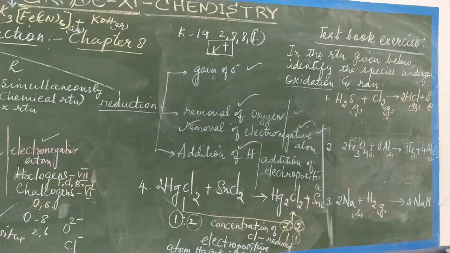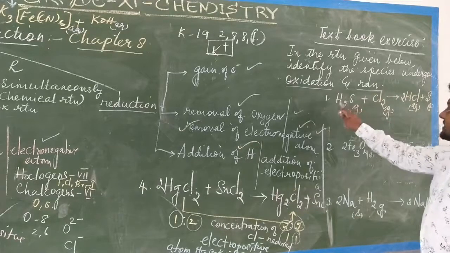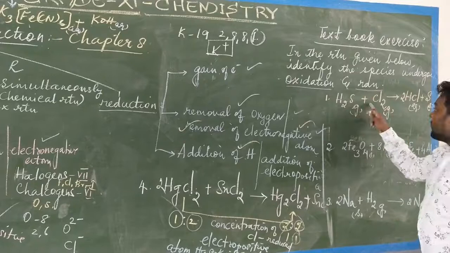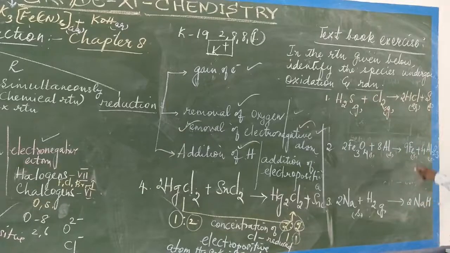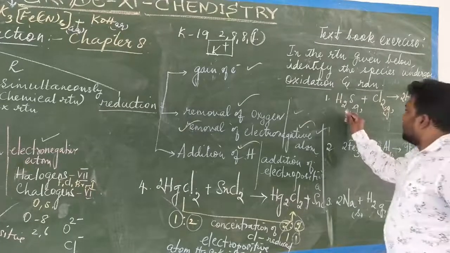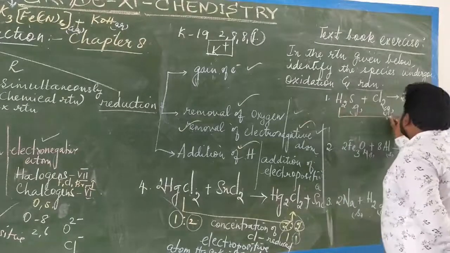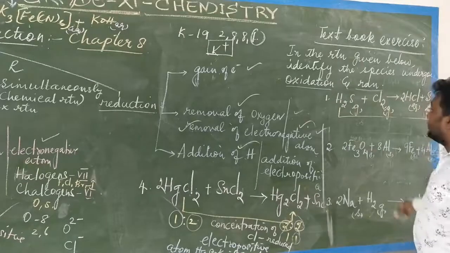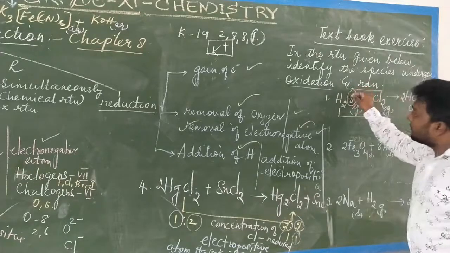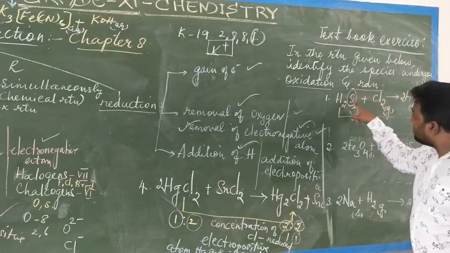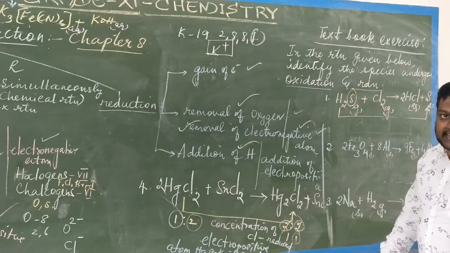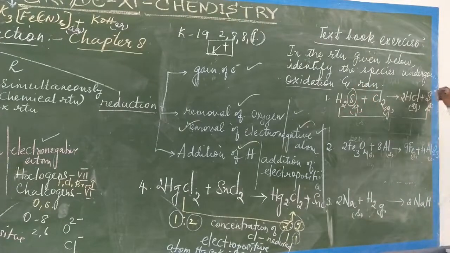Now you see that H2S, hydrogen sulfide gas, on treatment with chlorine gas gives rise to the formation of hydrogen chloride and sulfur. This is the reaction, isn't it? On the reactant side, the sulfur is present with hydrogen, and on the product side, we are getting only the sulfur.